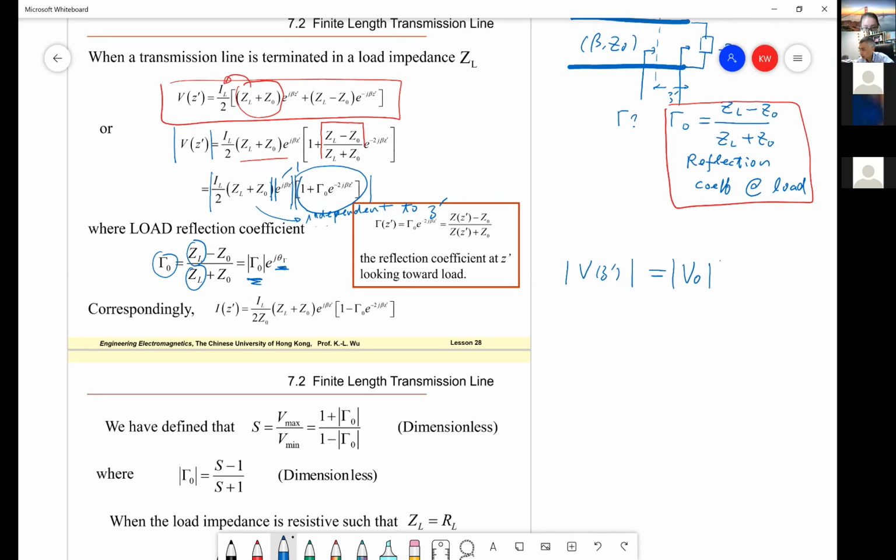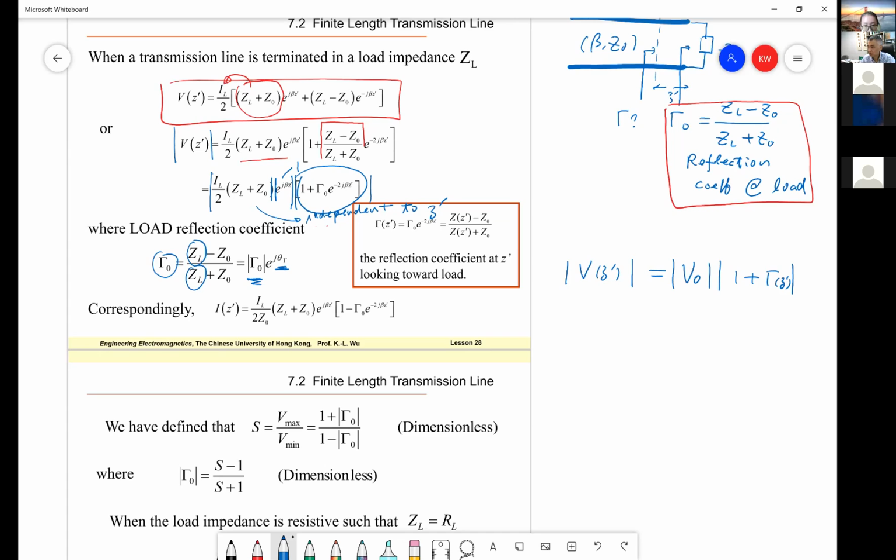It only depends on 1 plus gamma. Gamma is a function of location, which is complex.